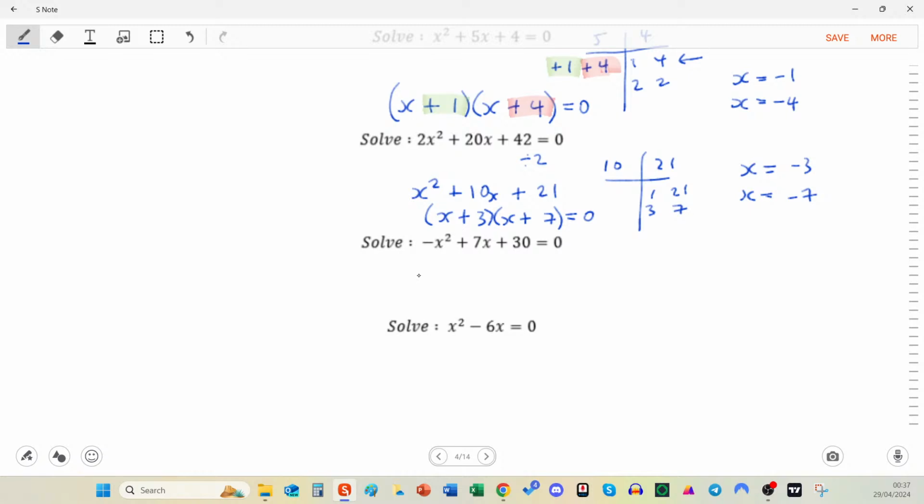So let's take that as it is, and go for the negative out. Oh, don't forget you could use a calculator. Did I mention that as well? I guess so. -1 can come out, and we have x squared minus 7x minus 30. Okay. And then we factorize these brackets. Don't forget the -1 is out the front.